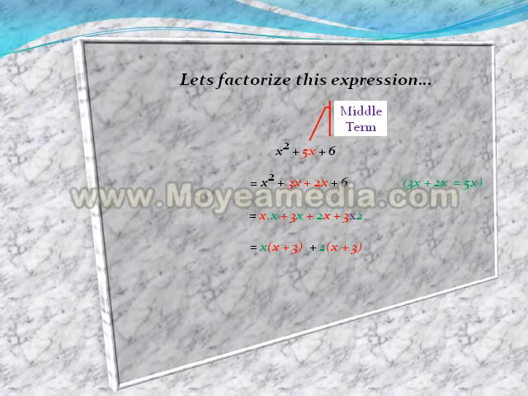Common means, for example, in this third step, you see the first two terms: x into x is one term, plus 3x, the second term. In both these two terms, x is there, see the green one, x, and x is also here. Common means it's there in both the terms. So I took the common x out.